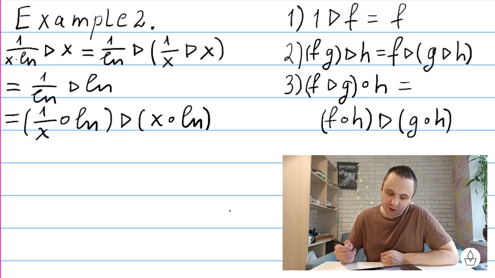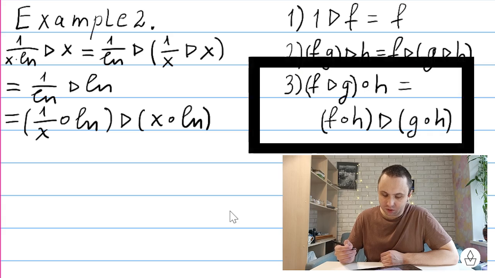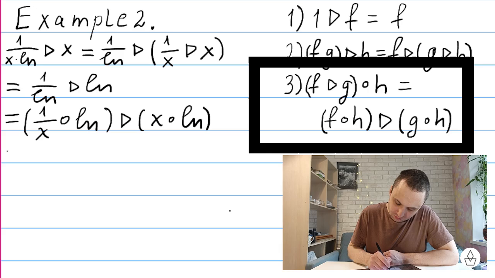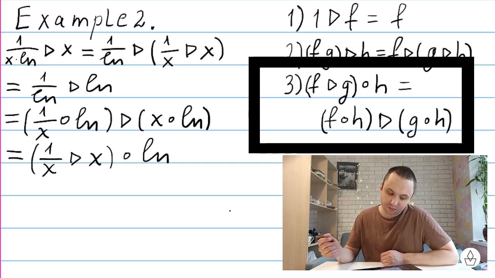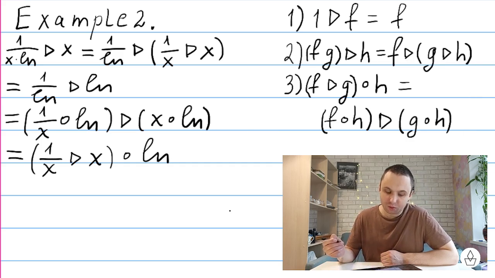And we see that we can apply the integral axiom, pulling the logarithm out of the brackets. 1 over x integral x composition logarithm. And again, we know that the integral of 1 over x is equal to logarithm.